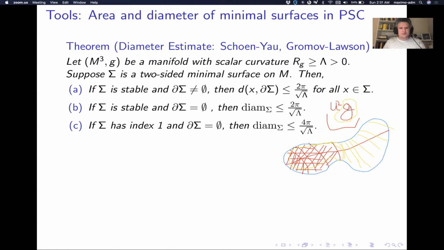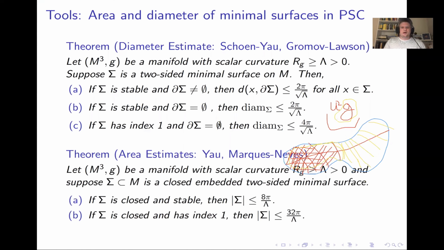these diameter estimates. Okay. Now the other geometric smallness that we're going to use comes from this result here of Yau and Marcus and Ivis, which basically says that you can also estimate the area of a stable minimal surface from above, and again index 1.